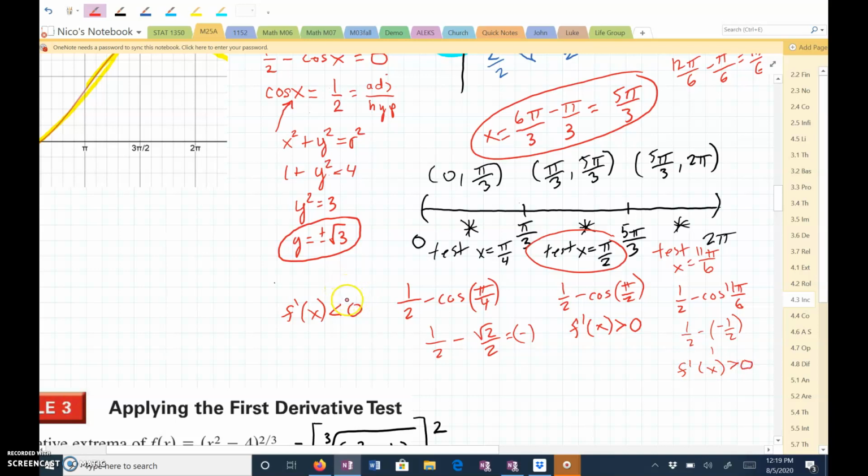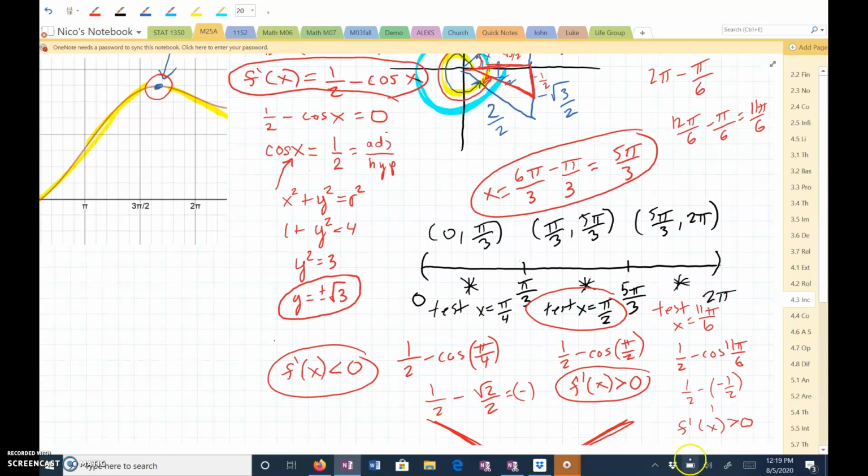Okay, so this interval here, this first interval, the derivative is less than 0, so the slope is decreasing. Here the derivative is positive, so the slope is increasing. Here the slope, let's see, I messed this last one up.